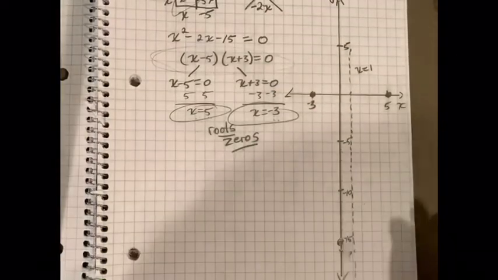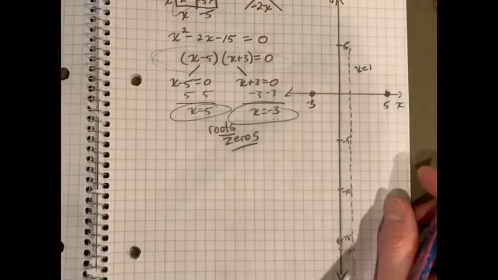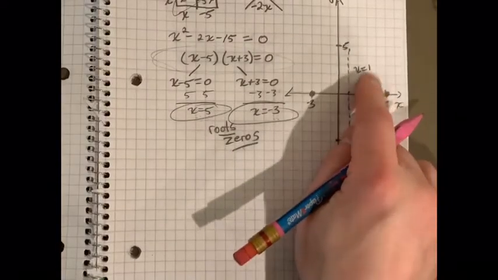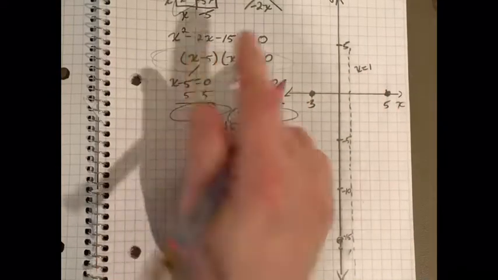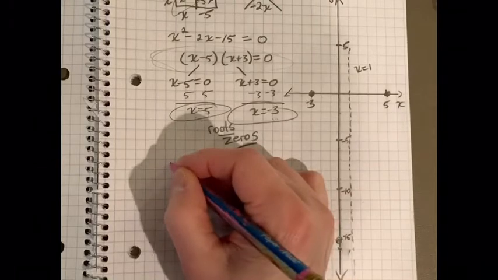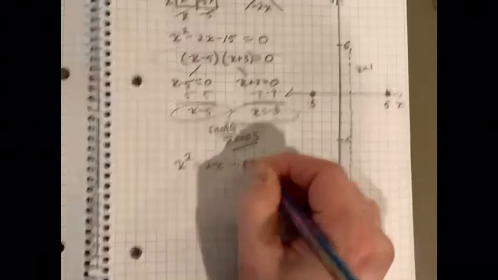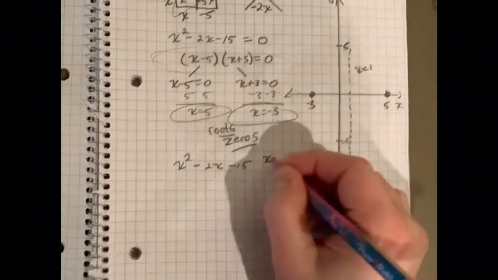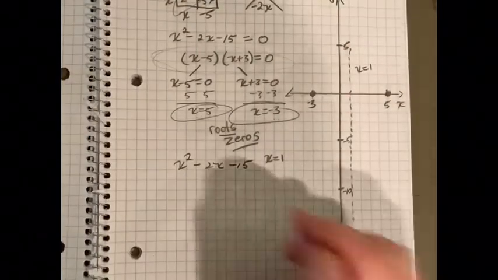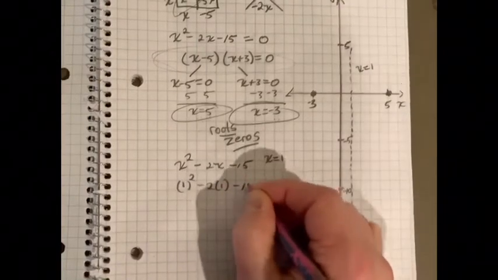So then how do we find the actual vertex? We find it by plugging x equals 1 into the actual quadratic. We're saying x is equal to 1 because of this line of symmetry. We plug it in: 1 squared minus 2 times 1 minus 15.